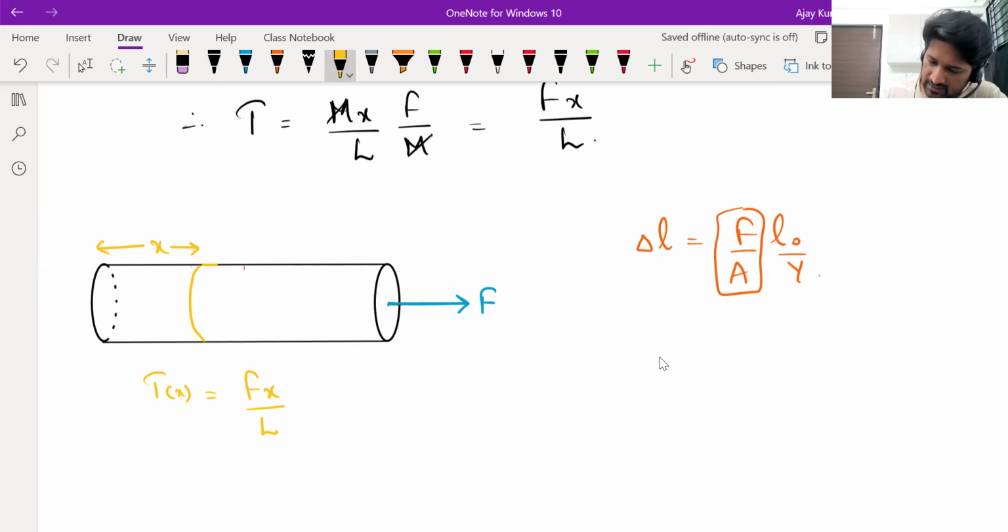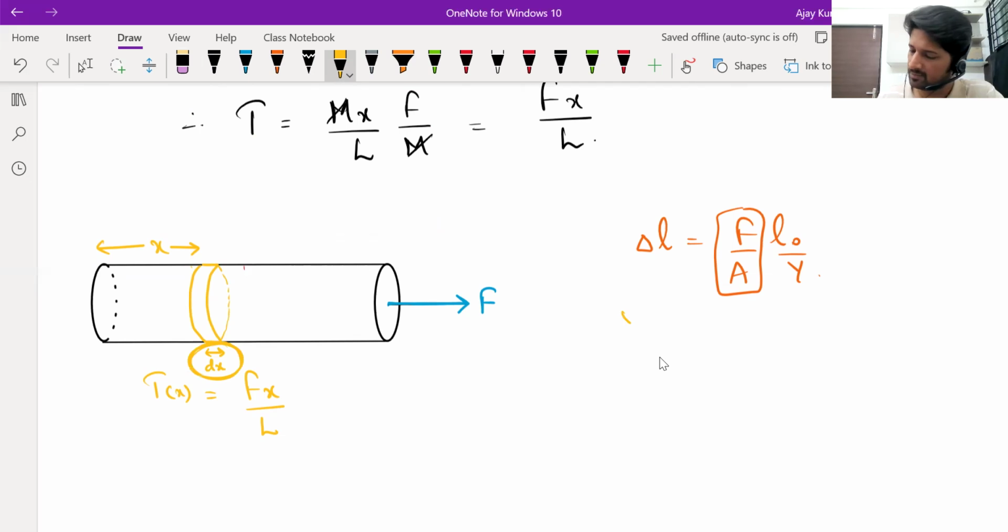From one distance x to the next distance, whose length is dx. Over that part of the cylinder, you can assume the stress is same. Okay. What is the original length of that part of the cylinder? Dx. In that dx, you have to find out how much is the elongation.